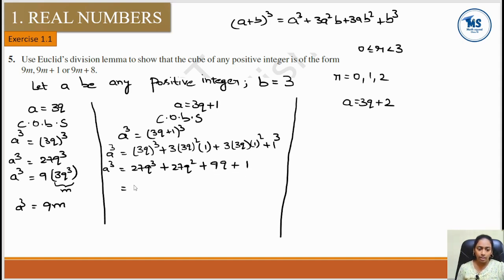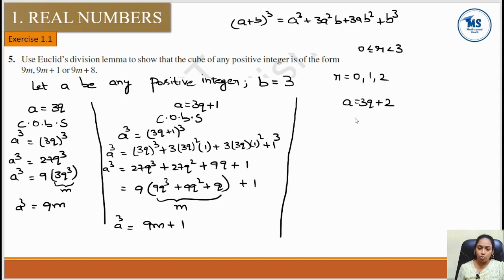Here if you take 9 in common, 9 into 3q cube plus 3q square plus q, plus 1. Again, q is any integer, so the entire thing will become another integer, let's say m. Then it will become 9m plus 1. Our a cube is in the form of 9m plus 1.